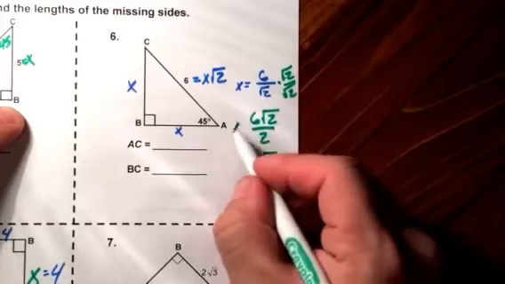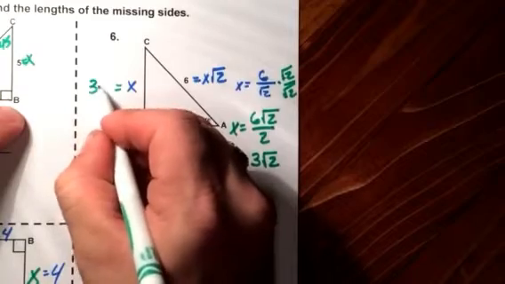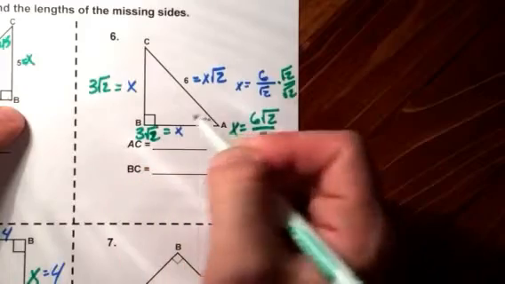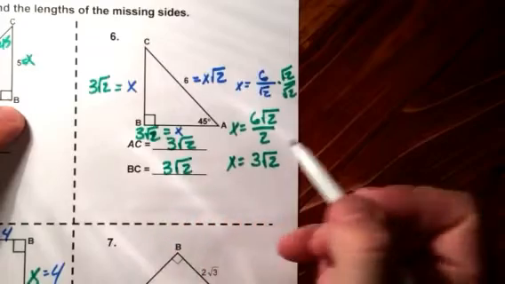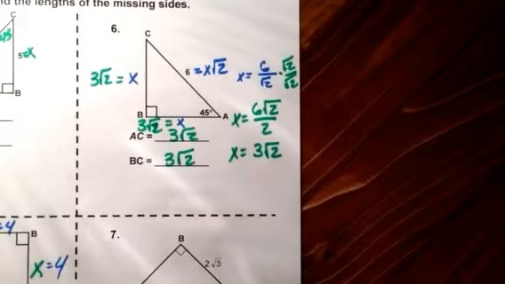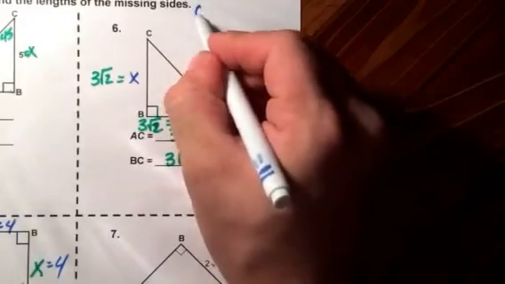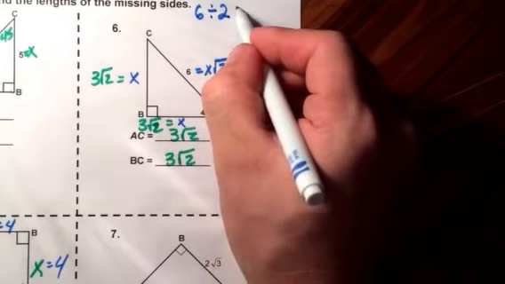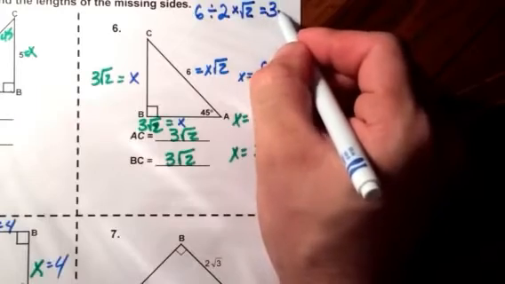So we know that X equals 3 radical 2. So I can therefore say my two legs equal 3 times the radical 2. So AC is 3 radical 2 and BC is 3 radical 2. Now, for the shortcut, what you need to notice is that if you take the hypotenuse, 6, you divide it by 2 and multiply by the radical 2, you're going to end up at the same answer.